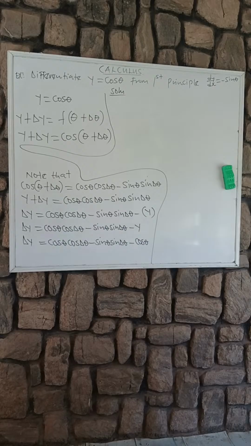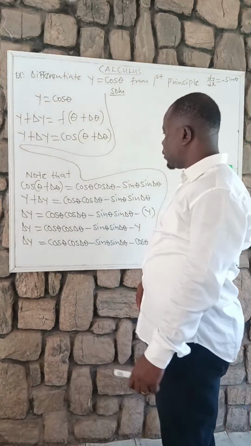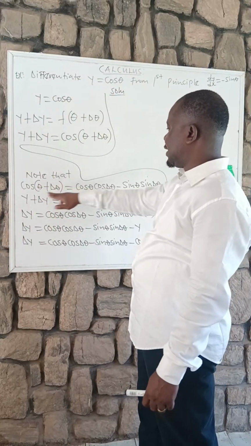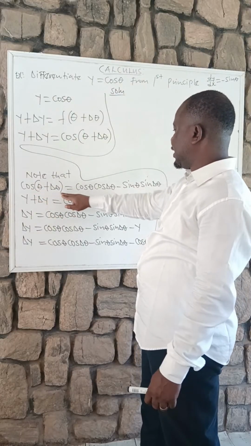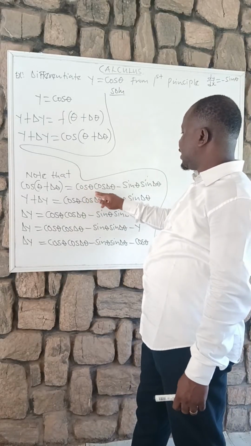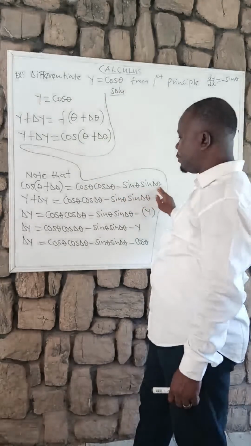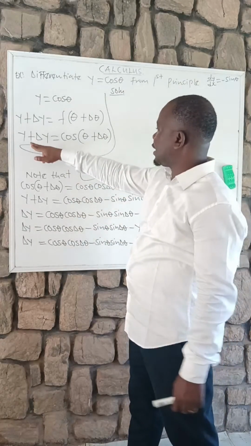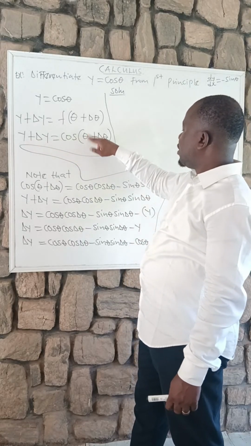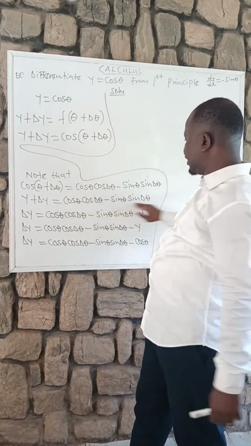Okay. So if you can see what I am saying, as I was saying, note that cos of theta plus d theta, we are using our trig identities: cos theta cos d theta minus sin theta sin d theta. So it implies that y plus dy, instead of cos open bracket theta plus d theta, we are going to replace it with this. Look at it here.